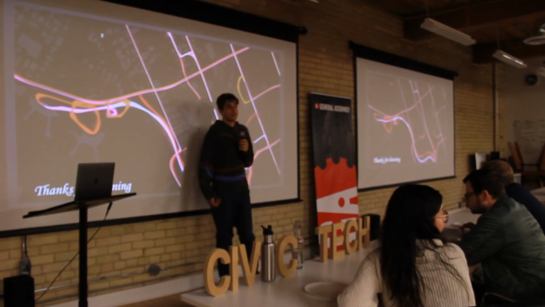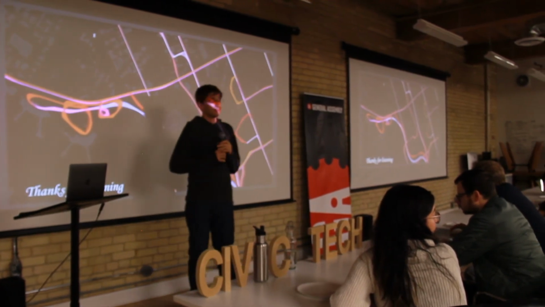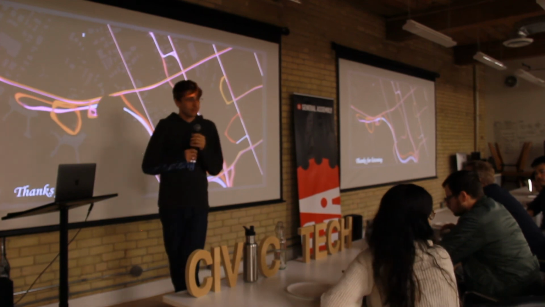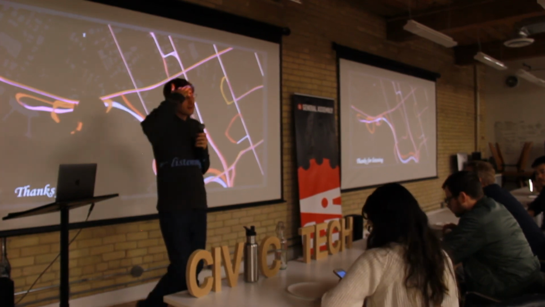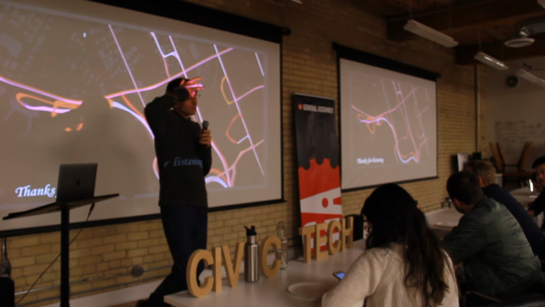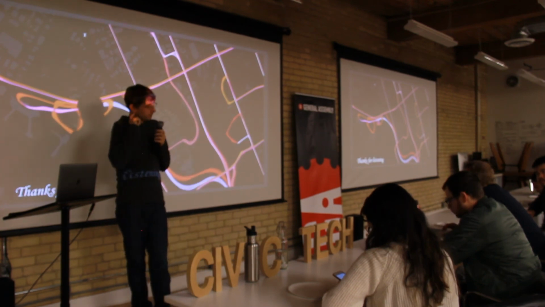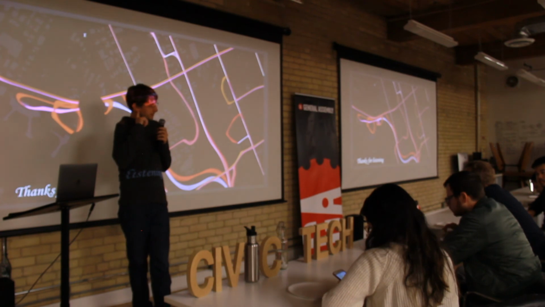Just out of curiosity, do we share the user traffic data as well, like on different routes at different times? Oh, how many people are taking transit? It's really interesting. This has been a big point of frustration for me.